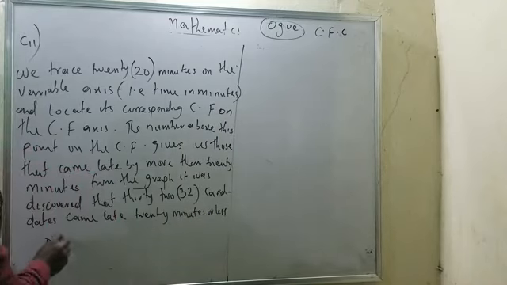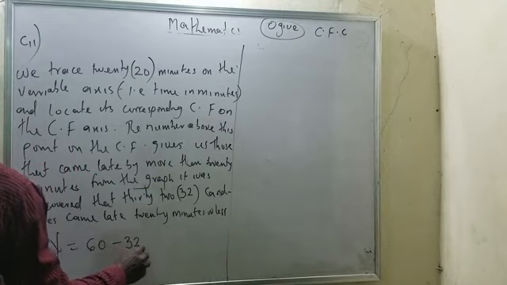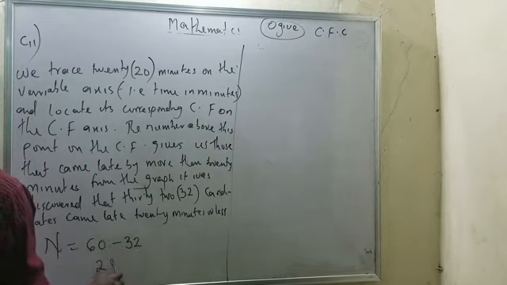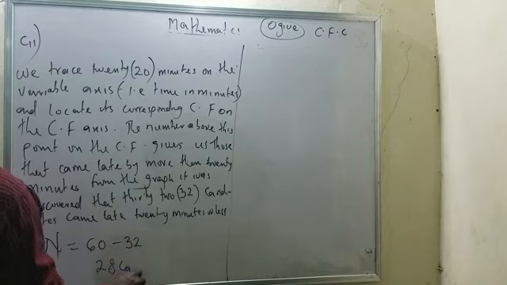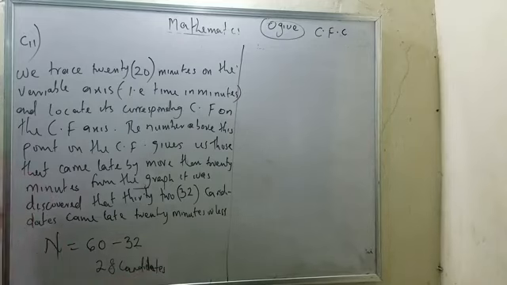Now it means the number will be equal to 60 minus 32, which is 28 candidates. That is all. Now with this, you can see how simple the question is.